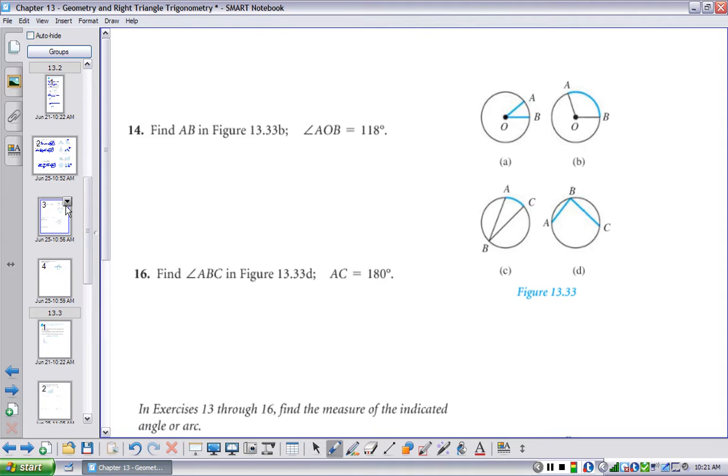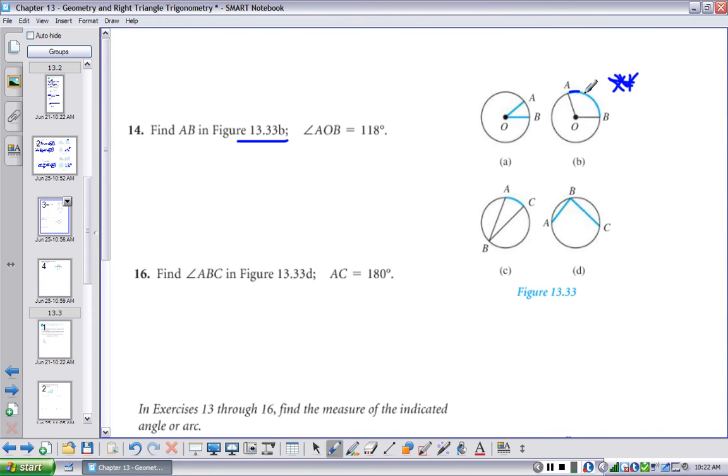All right, let's look at number 14. Now we're dealing with circles. It says find AB. They want to find this arc. Excuse me, I'm looking at the wrong one. We're looking at 13.33B, so we're looking at this one.